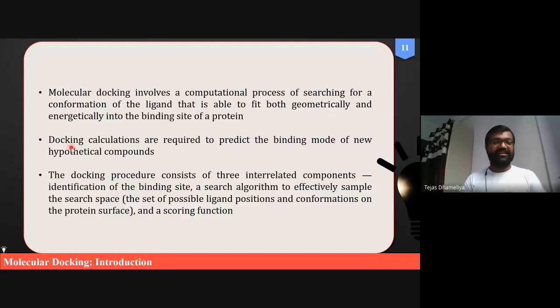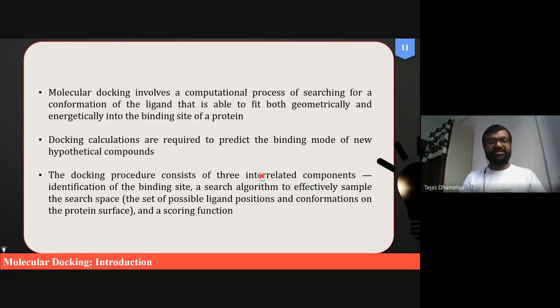Our basic purpose is that we are interested in finding the binding mode of a new compound. Always the compound is hypothetical, not the real one, because we are just assuming that the compound will have so and so substitution, so and so structure, and will show some effect against this protein. So we are just predicting the binding mode through virtual means.